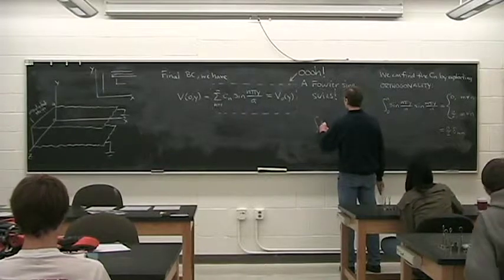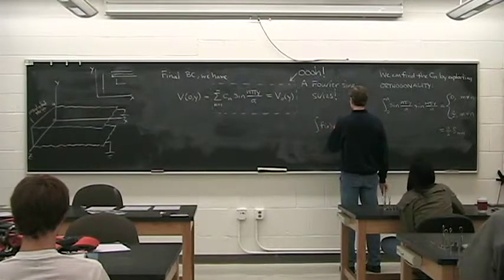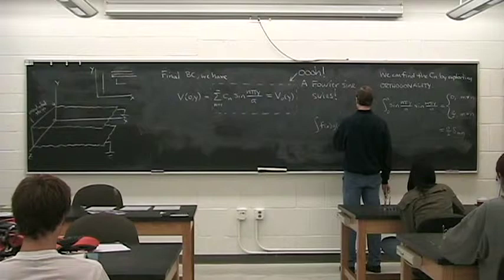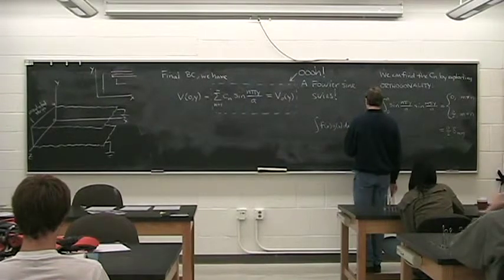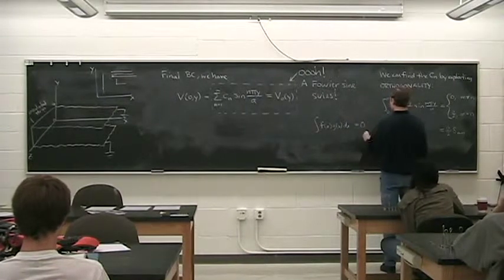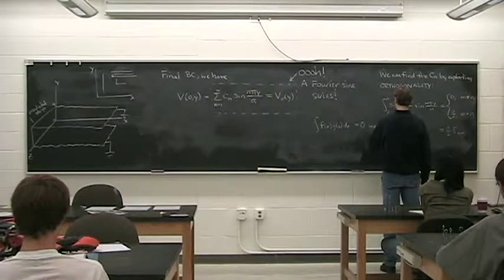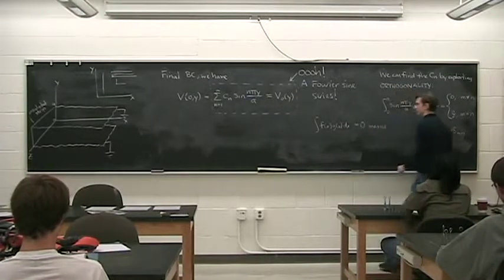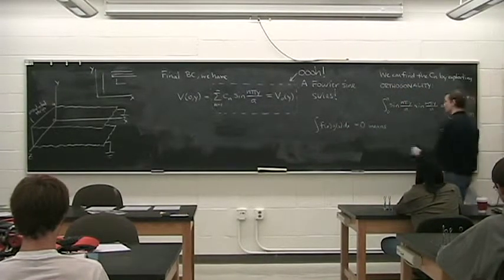Two functions, f of x and g of x, are said to be orthogonal if their integral, integrate one with the other, gives 0.